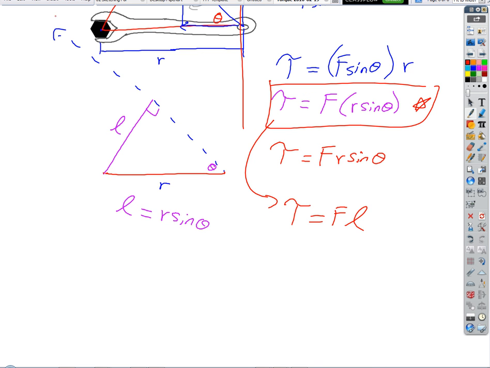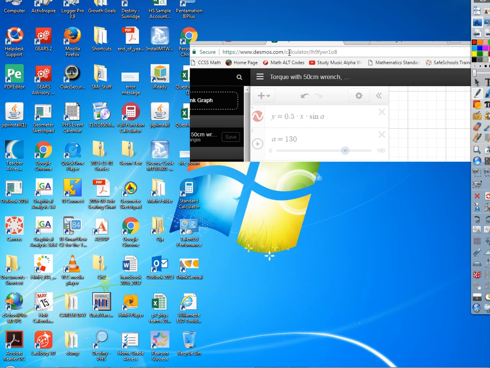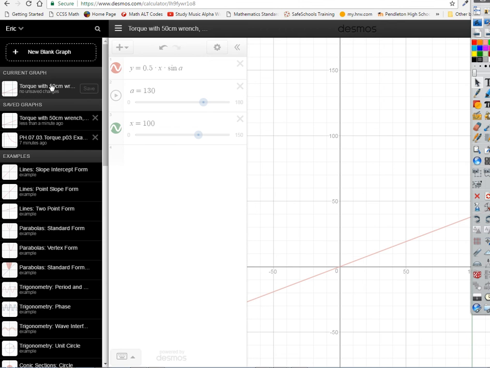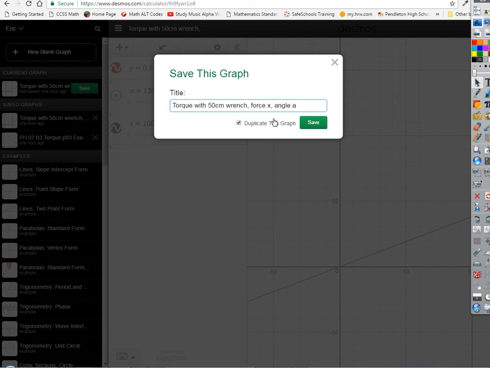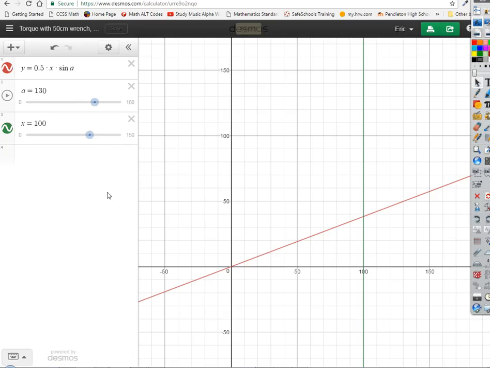All right, so let's see, I want to show you one thing here. Okay, so what I've done here is taken an example of a half-meter long wrench, and we're going to calculate the torque.